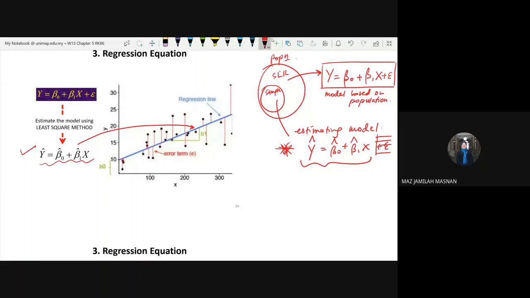Now, if you look at your textbook, class, the way we identify this particular line is based on what we call the least square method. Since we are using Excel, if I'm not mistaken, Excel uses the least square method. So the discussion of the manual way of finding this using the least square method is being disregarded.